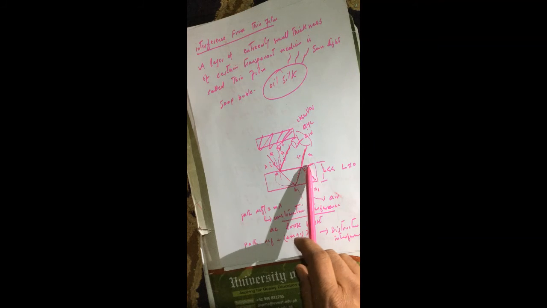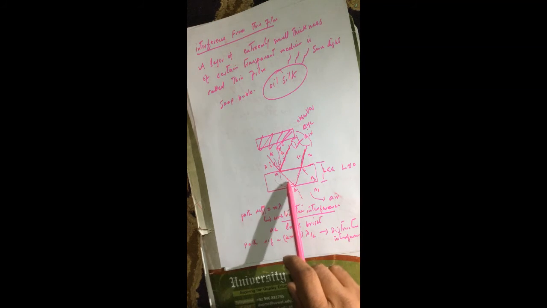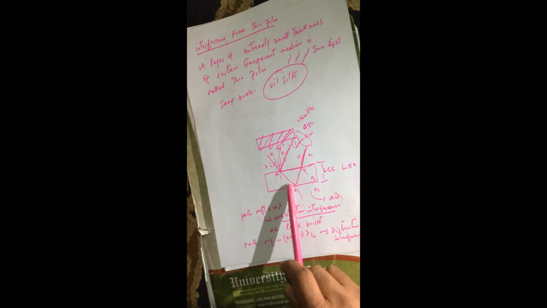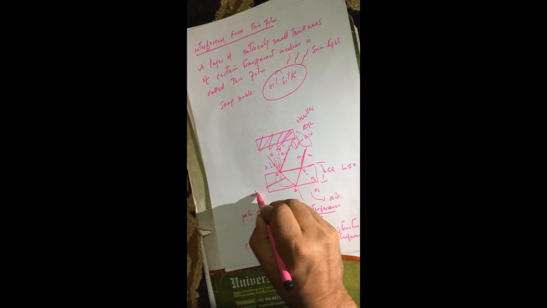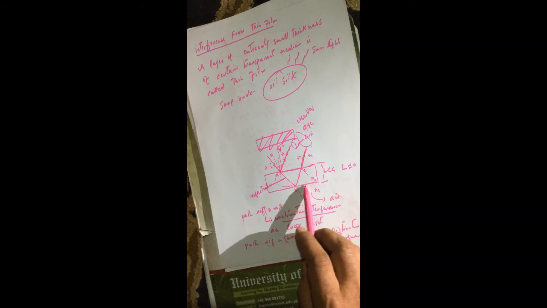So the main point is we have an incident ray which strikes the top surface of this film at point A, where this ray is either reflected or refracted. The reflected ray R1 goes to the observer eye, while the refracted ray crosses the thin film and reaches point B. At point B again we have a surface, the bottom surface of the thin film, so here this ray is reflected or refracted.